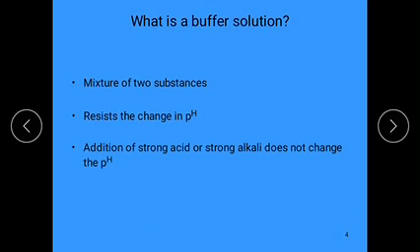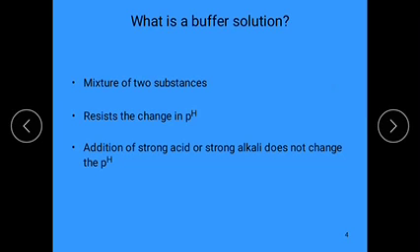While adding acid or base to the neutral solution, the pH may increase or decrease. To resist that change in pH value, we can add another solution. That solution is called a buffer solution.